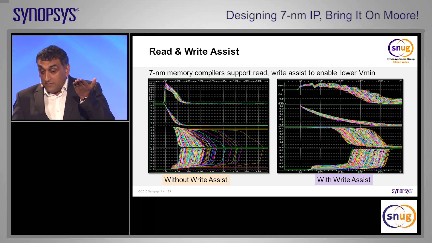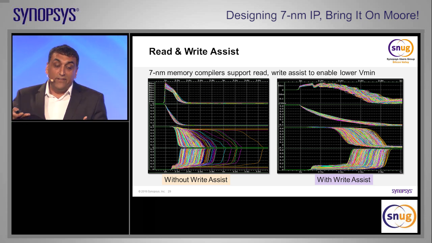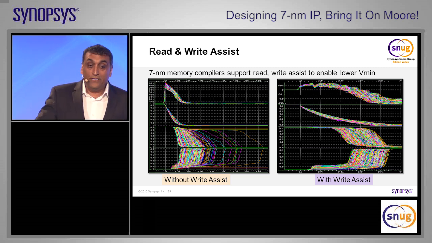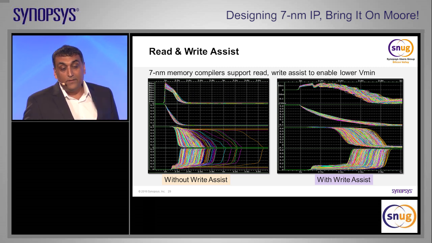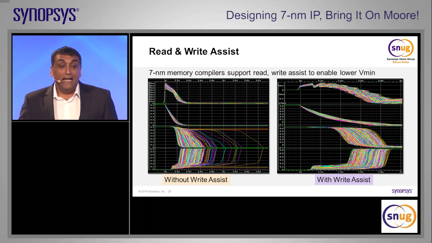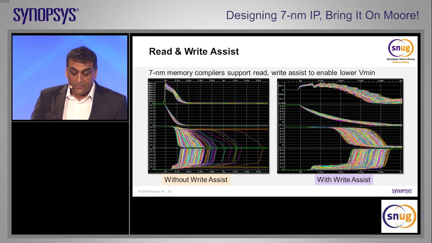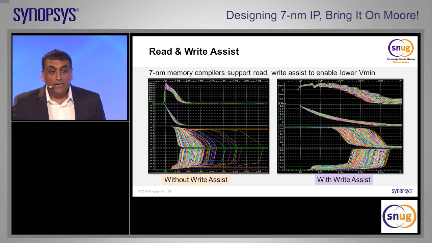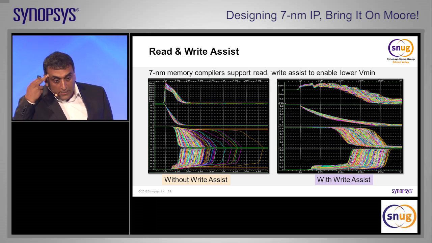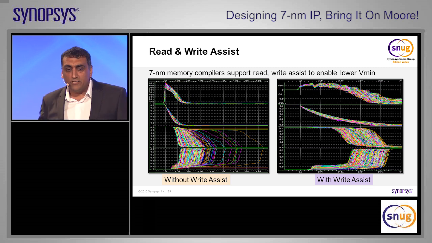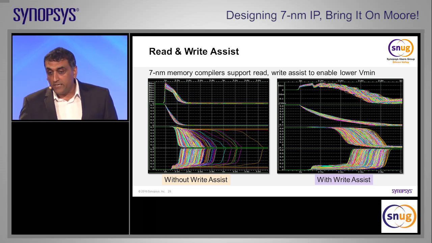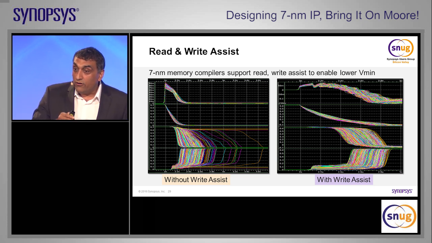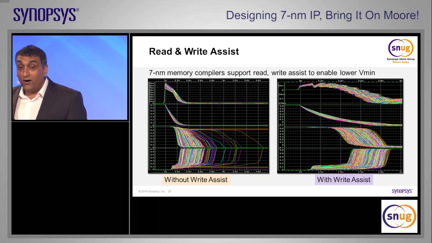So as you increase the voltage towards the rated voltage of that 7 nanometer technology, you don't need the assist technology, but when you drop, you do, right? With the write assist technology, we see no fails at 630 millivolts. And this is run over worst case PVT. If you know something about memories, the bit cell flip time is less than 400 picoseconds. So we're taking the 7 nanometer technology and we're doing more to it to enhance the value of the foundation blocks.